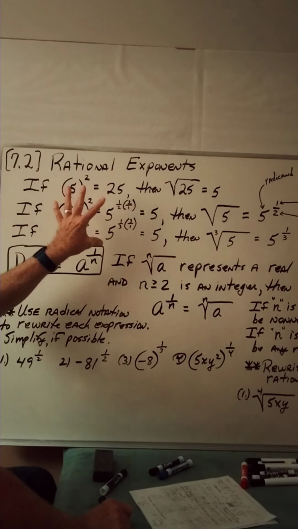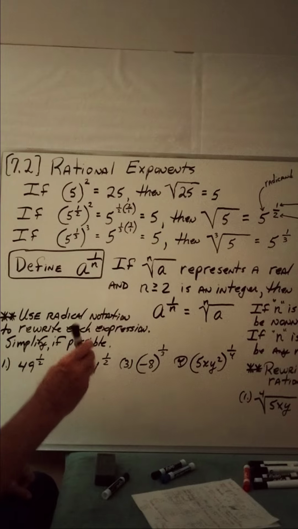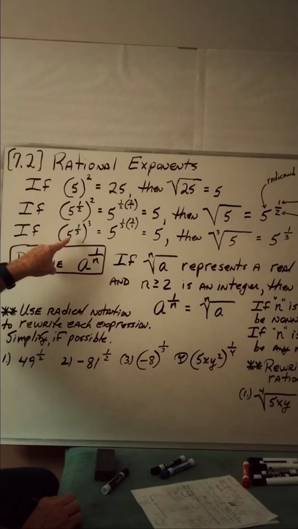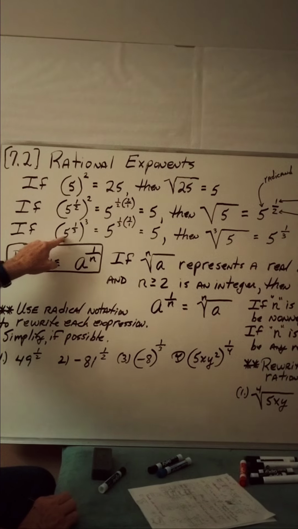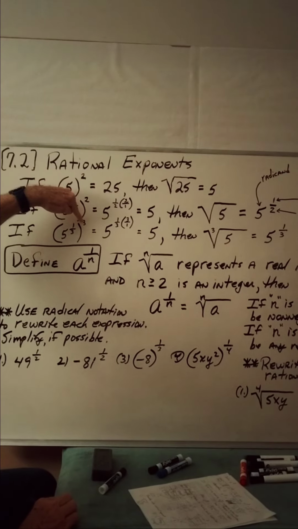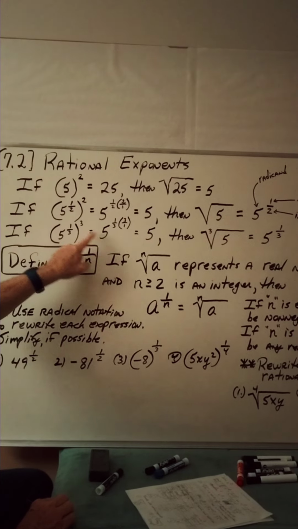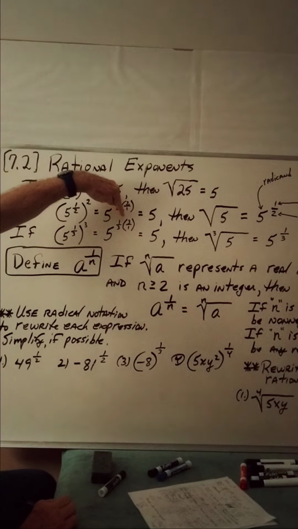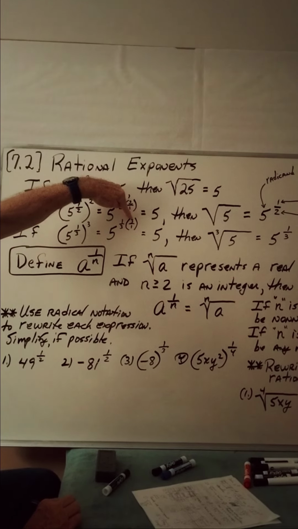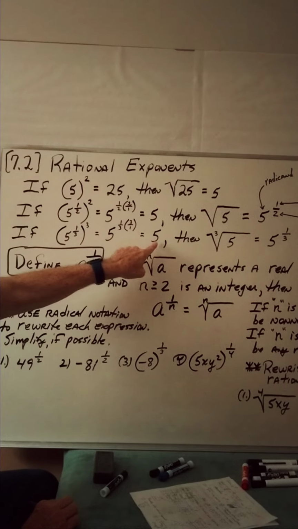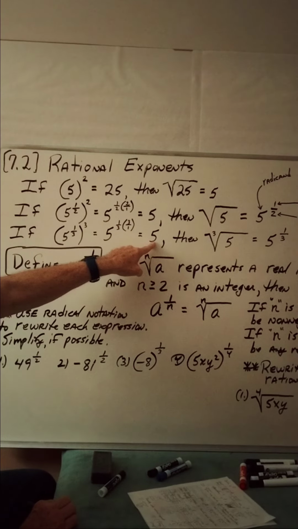Let's look at one more statement before we make some truths about this. If 5 to the 1/3 to the third power is equal to 5 to the 1/3 times 3 over 1, the 3's will cross cancel out. That answer equals 5.